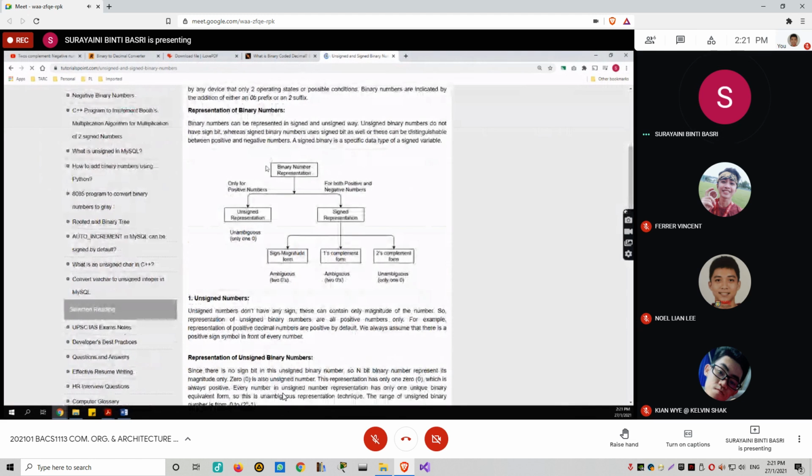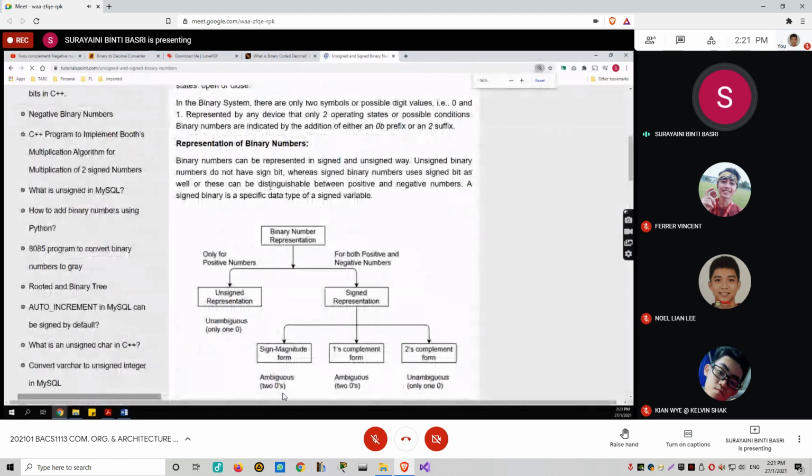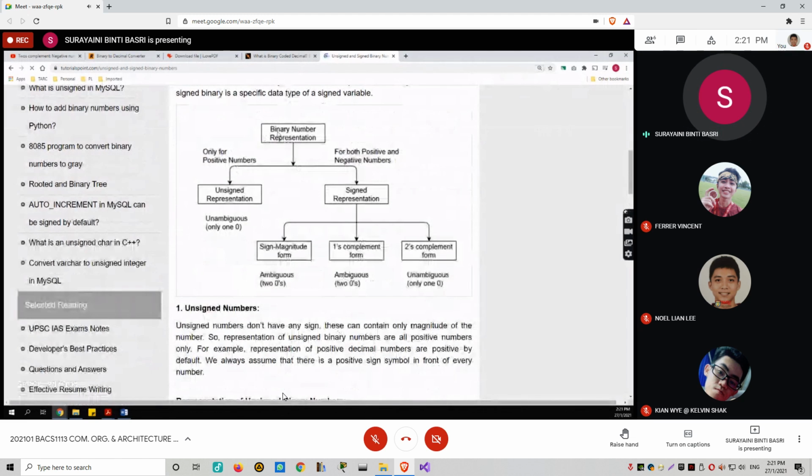Here I want you to see this. For a binary number or any integer, there are two ways of expressing it: unsigned representation and signed representation. The difference is that in unsigned representation the value is only positive, so it is unambiguous, meaning there is no overlap of value.